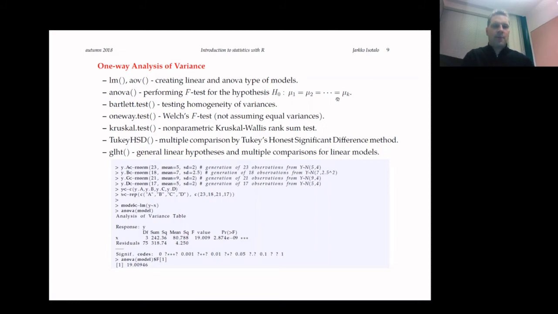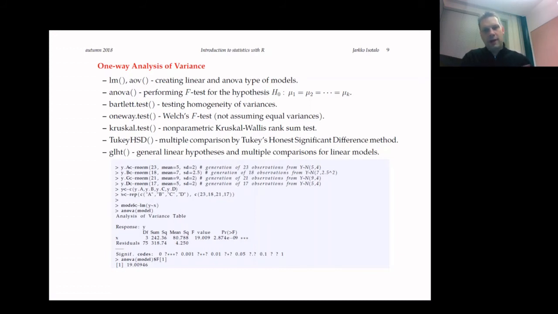Meaning that in the subpopulations defined by our x variable, is the population mean at the same level in all subpopulations? And if that holds, then we say that x does not have an effect on average values of y.